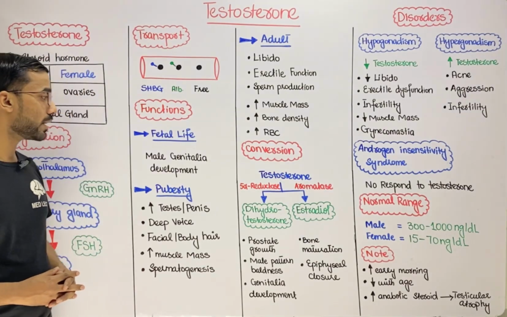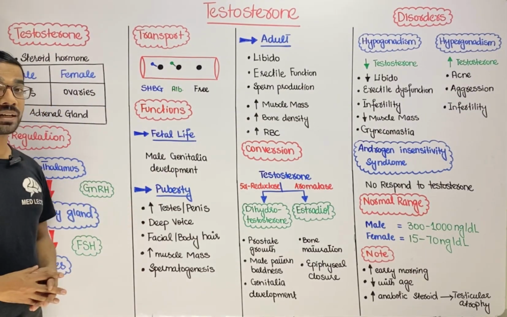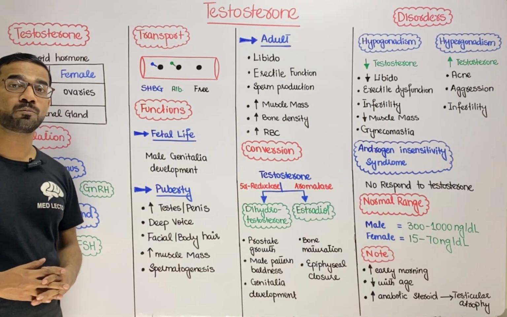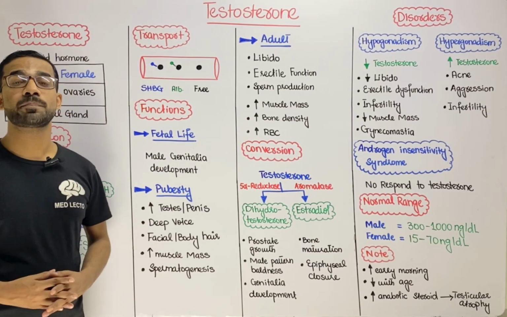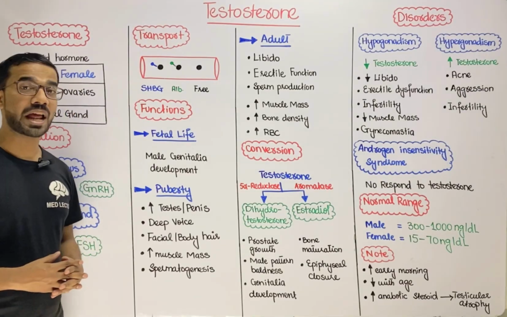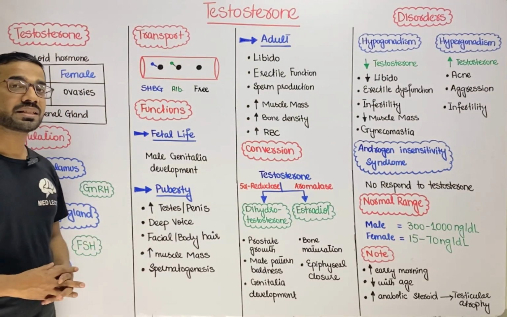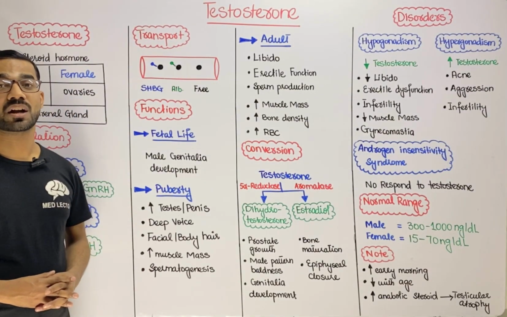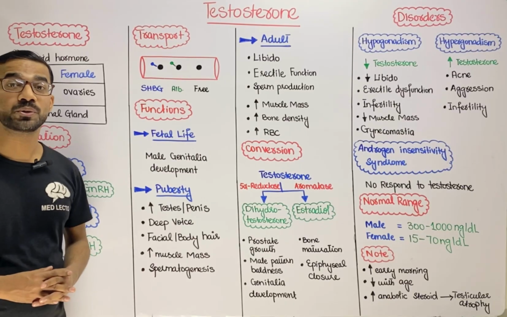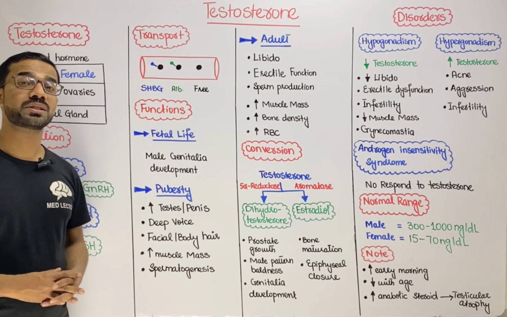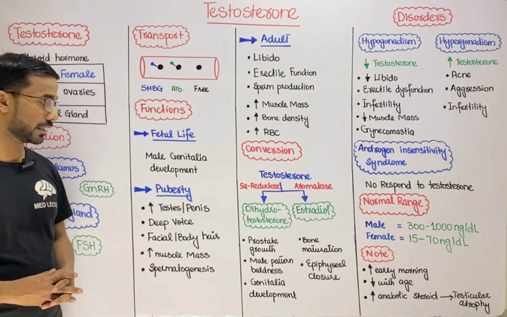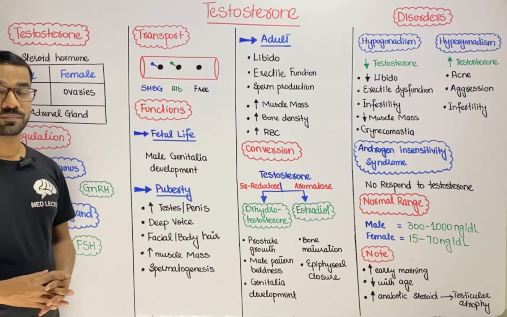And at puberty, with the passage of time, when the man enters into the puberty phase, what will happen? First of all, the size of the testes and the penis starts increasing due to testosterone.